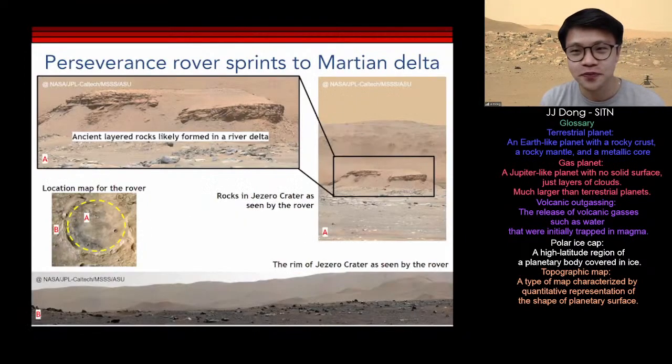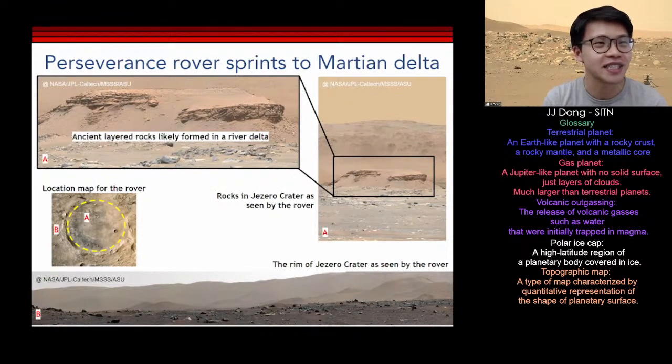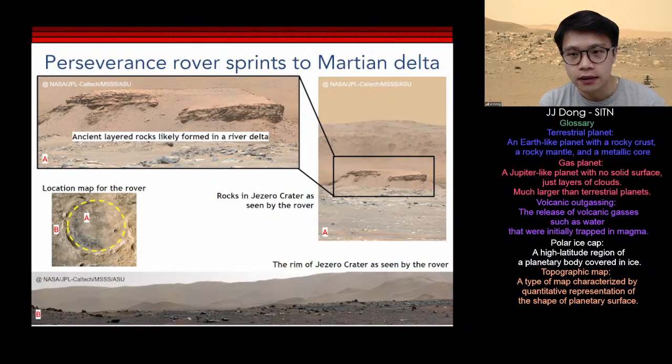Next slide, please. I think this is a more serious slide about the science the Perseverance rover is doing. Right now on Mars, the Perseverance rover has been sending back so many fantastic photos of the Martian surface, and I want to highlight only two.